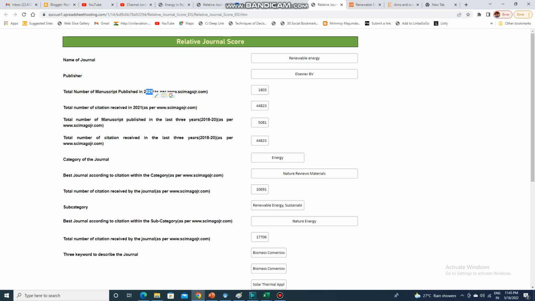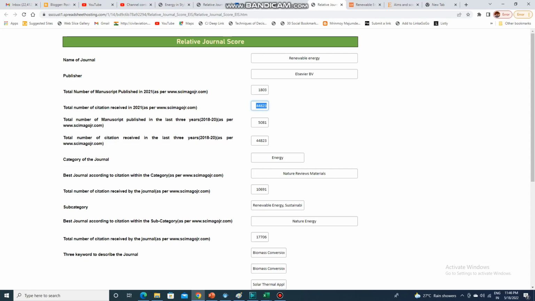But what it does is, it removes the errors which get incorporated when you consider only the citation received by a journal. Here you see, if you rank the journals according to the citation received, you will find that Renewable Energy has received much more citation than Nature Review Materials.